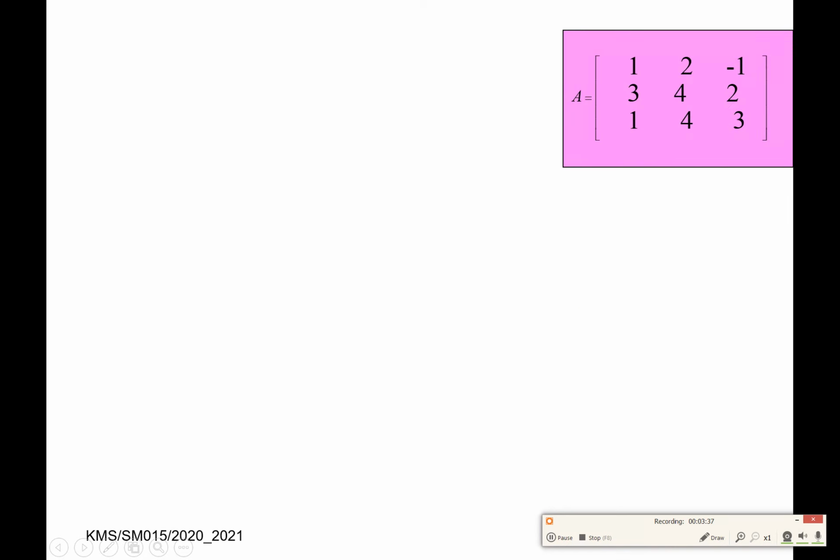Okay, we look at minor 2, 1. Minor 2, 1 means this is your second row, which is already highlighted here: 3, 4, 2. And this is your first column.